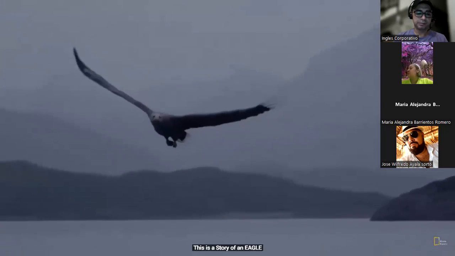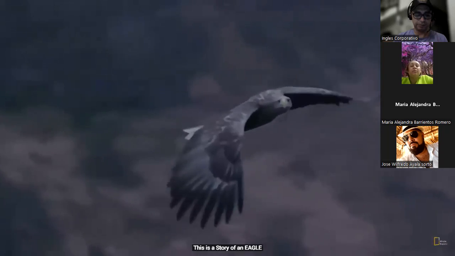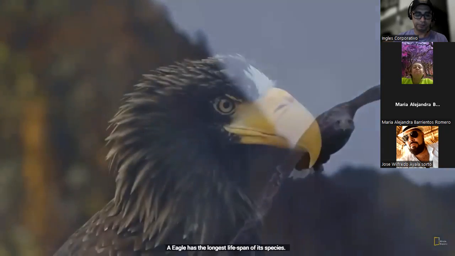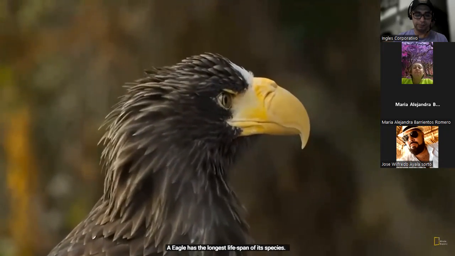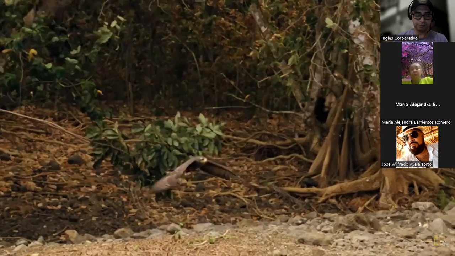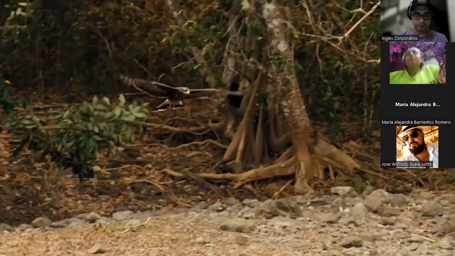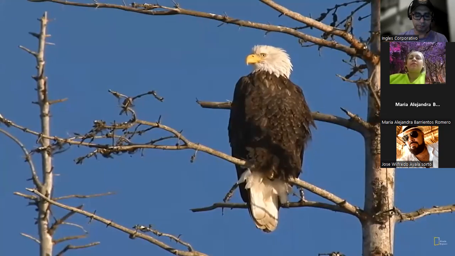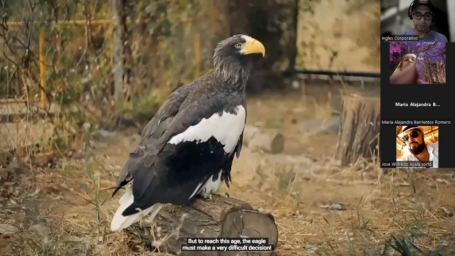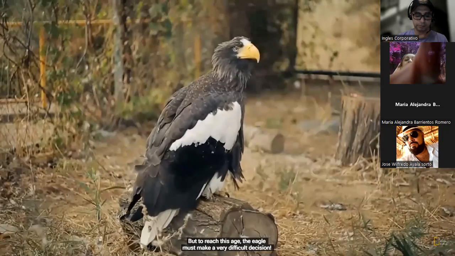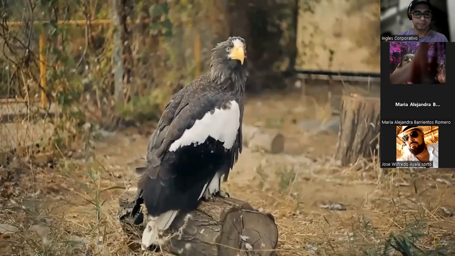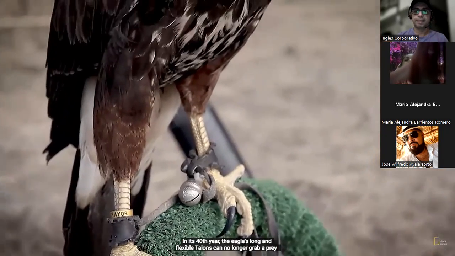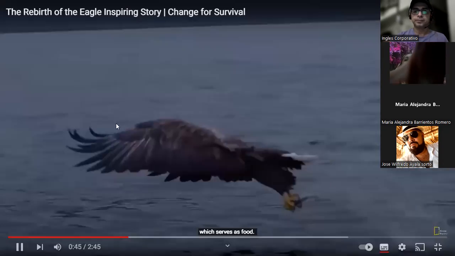This is a story of an eagle. An eagle has the longest lifespan of its species. It can live up to 70 years. But to reach this age, however, the eagle must make some tough decisions. In its 40th year, its long, flexible talons can no longer grab prey, which serve as food.